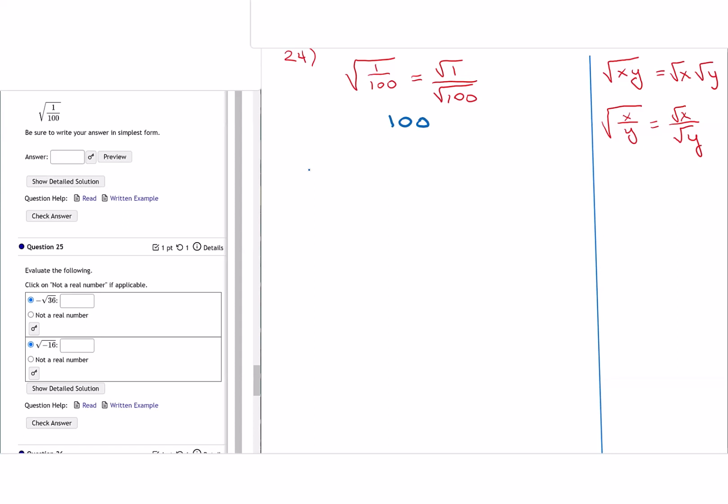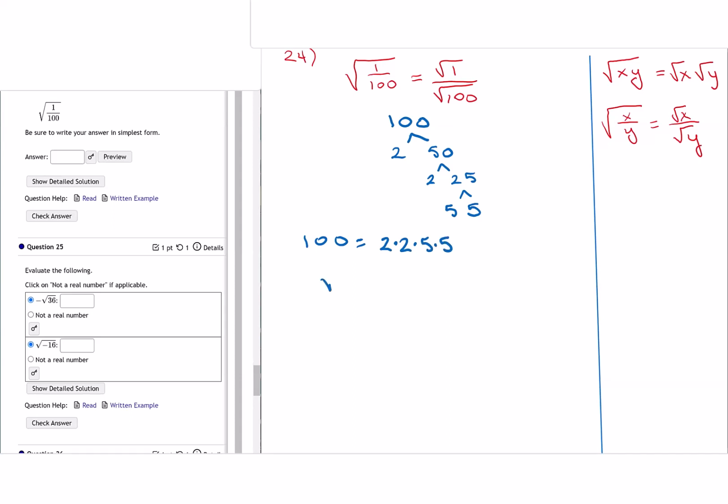We're going to do factor trees. I know that 100 is 2 times 50, 50 is 2 times 25, and 25 is 5 times 5. 100 is equal to 2 times 2 times 5 times 5.